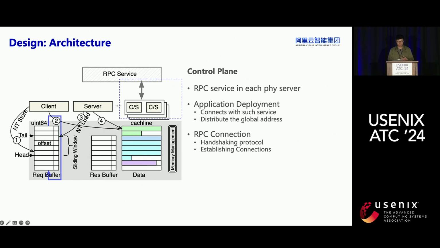HydraRPC maintains at least one RPC service in each physical server. When the application is deployed, it connects with such a service, and the service will distribute the global address of message queues and the data area in CXL memory for both server and client side. Then following a typical handshaking protocol between server and client, the RPC connection is established.